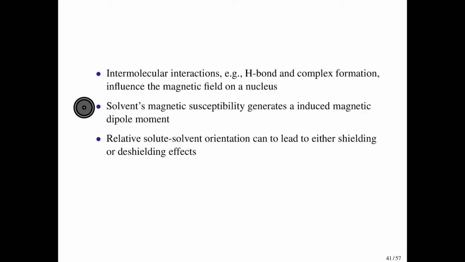That's very similar to the neighbor effect that we discussed. And it's highly dependent upon the orientation of the solute in the solvent. Depending upon how the solvent actually solvates the molecule of interest, that will have an effect on whether there's shielding or deshielding effects present.